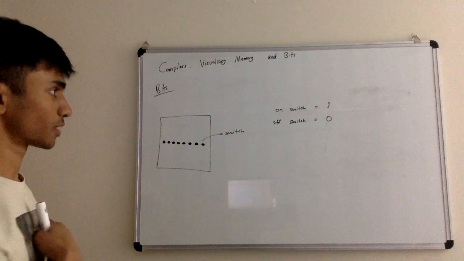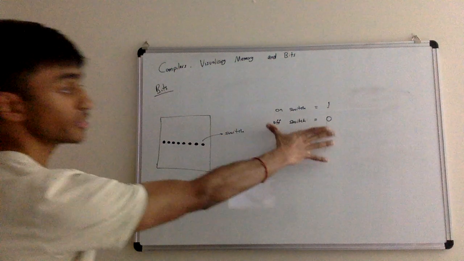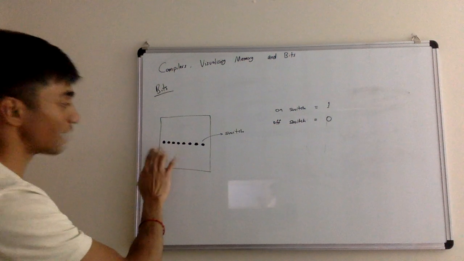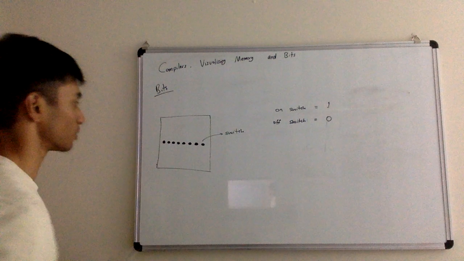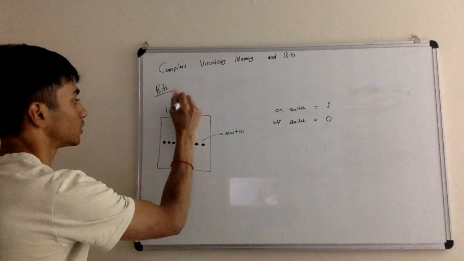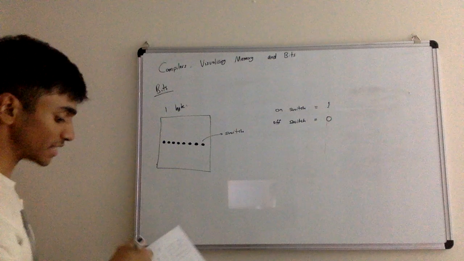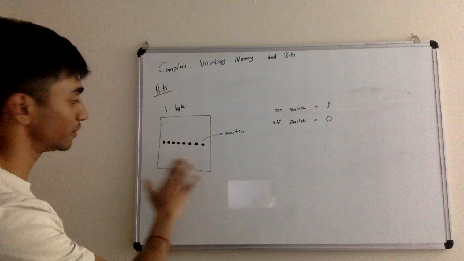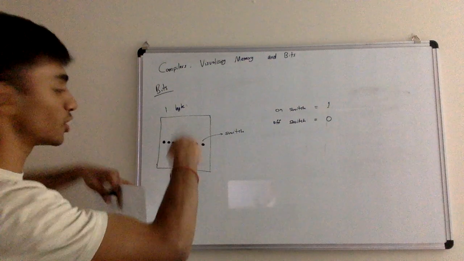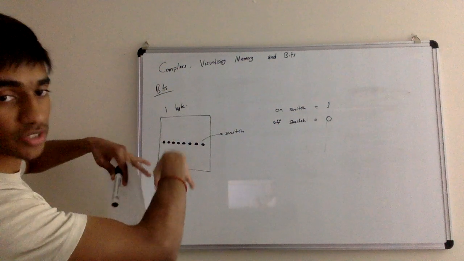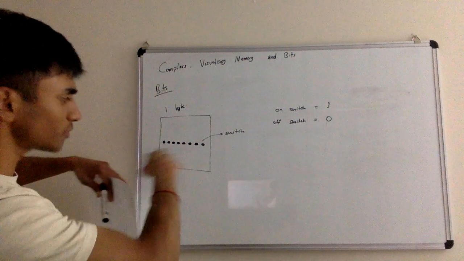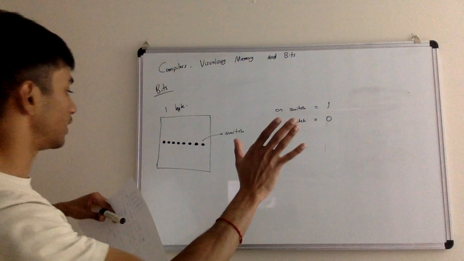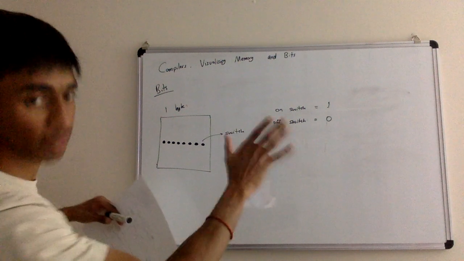So hopefully it's clear that if I have 8 of these switches in 1 byte, then I am capable of creating some 8-digit binary number using these 8 switches, by flicking some of these switches up and some down.